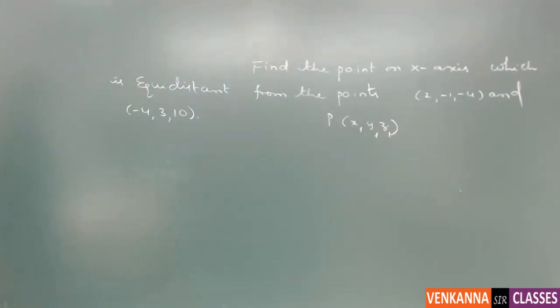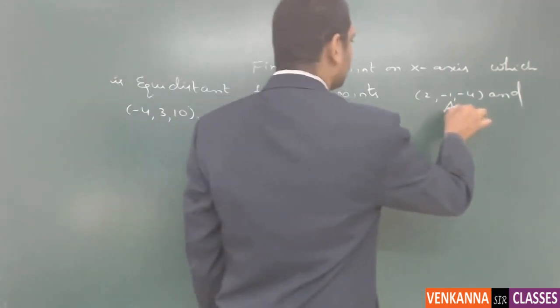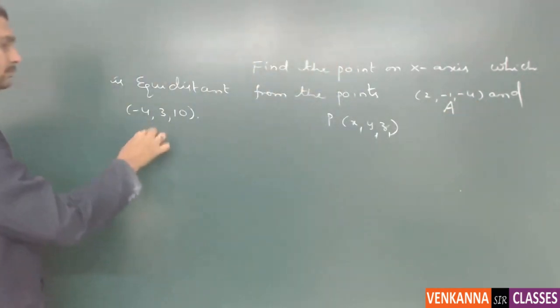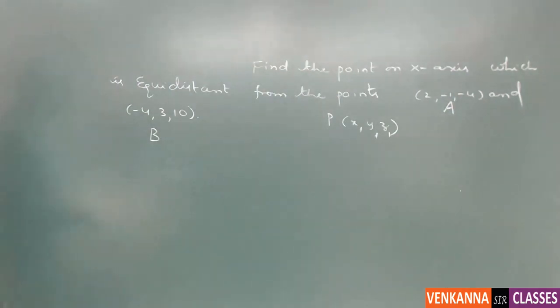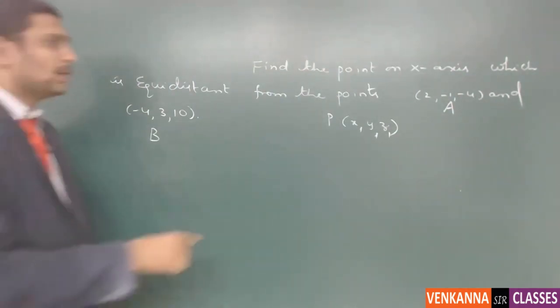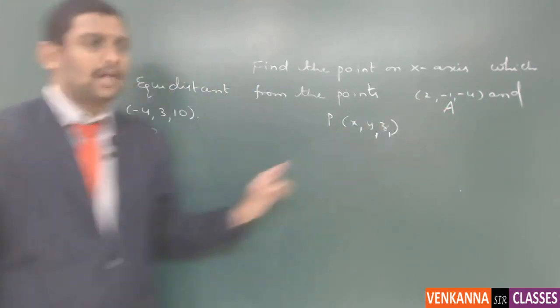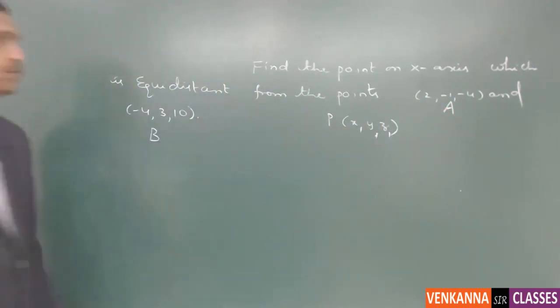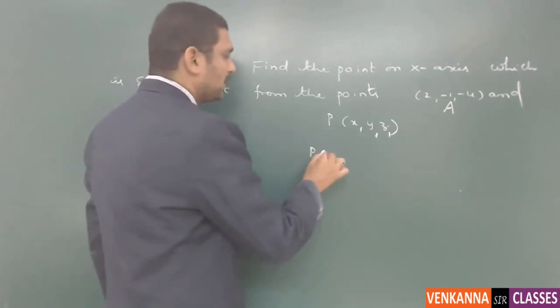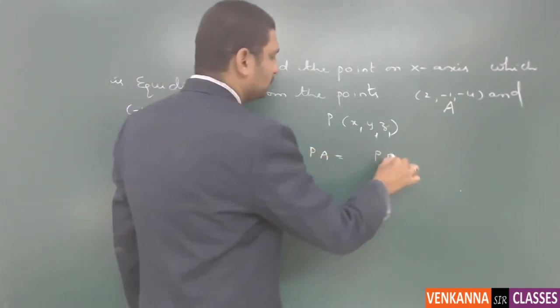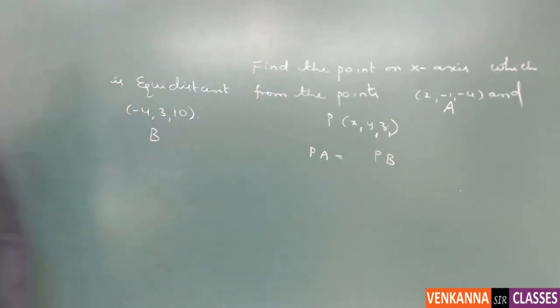So if you take that, the given points are A and B. It is given that the point is equidistant from A and also from B. So you can say that PA is equal to PB. Accepted?